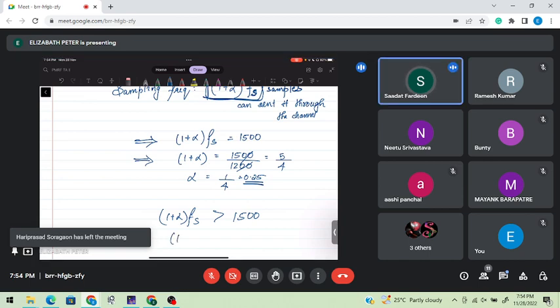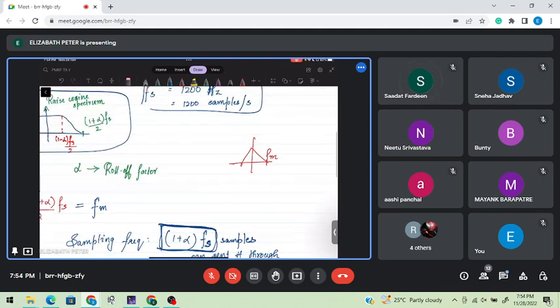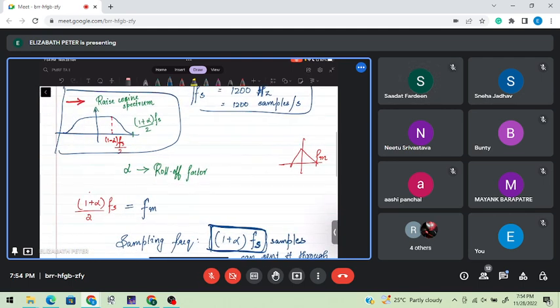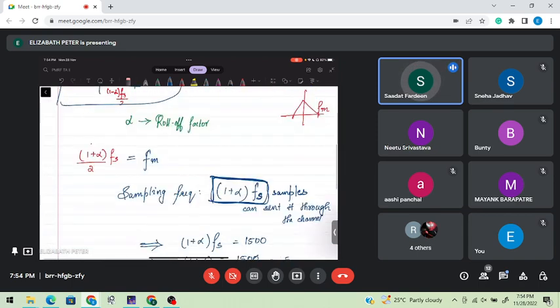So the only thing is, (1 + alpha) fs should be less than or equal to 1500. I can either underutilize my channel or utilize it to the fullest. Is it clear? So roll-off factor, is that a maximum value or minimum value?